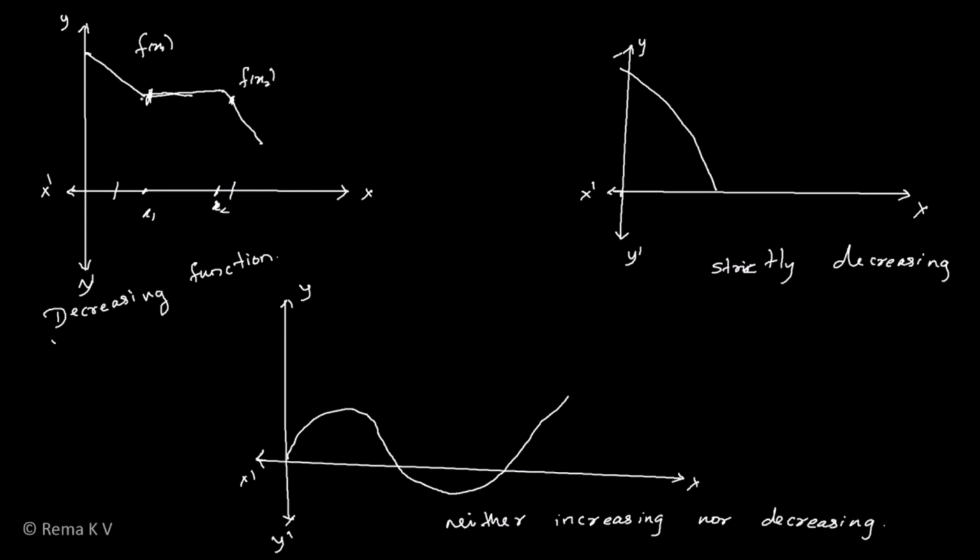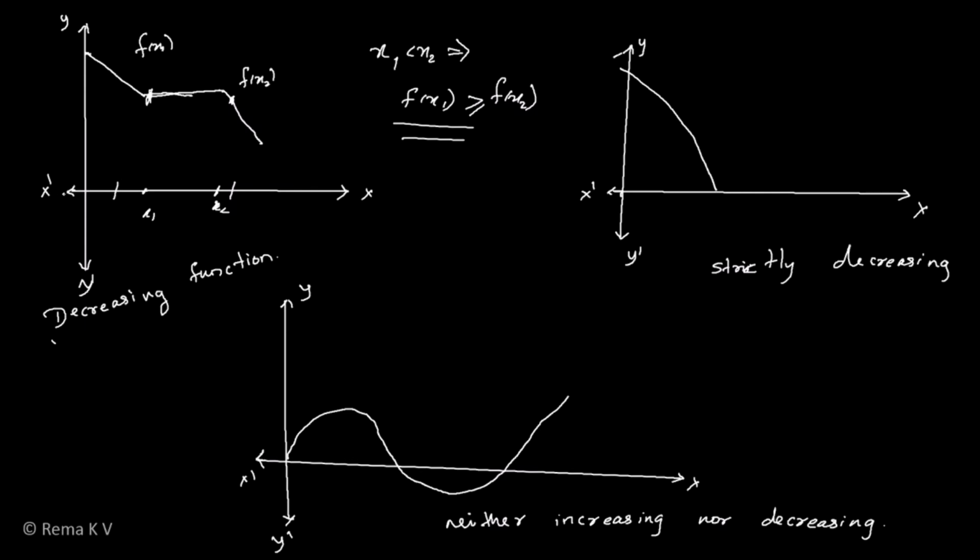Here f of x1 lies above f of x2. That is, x1 lies to the left of x2. So x1 is less than x2, which implies f of x1 is greater than, or sometimes equal to, f of x2. In this case, we say that the function is decreasing.